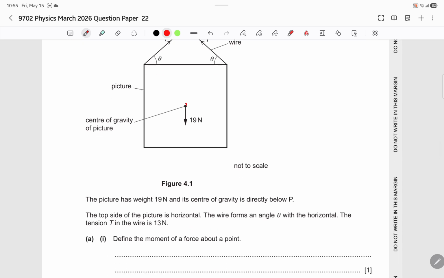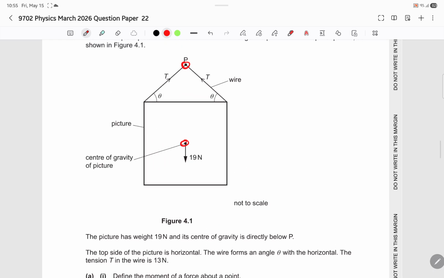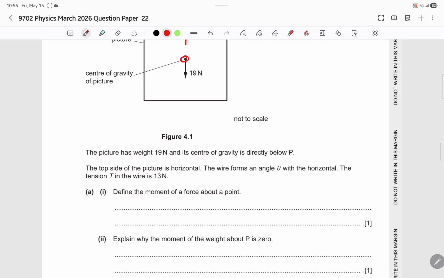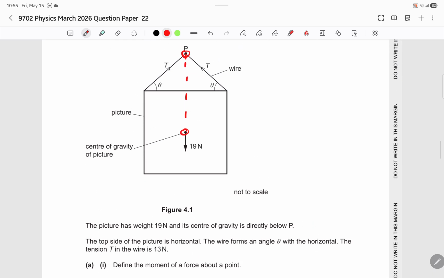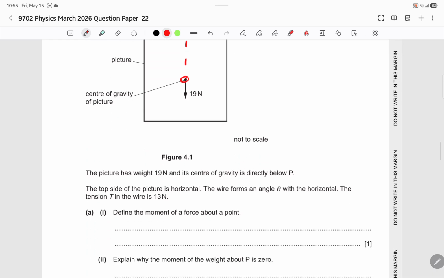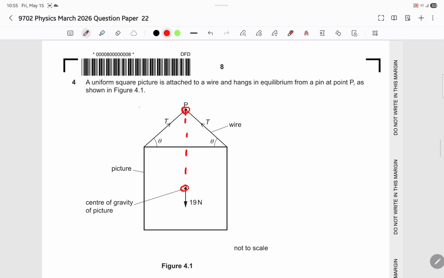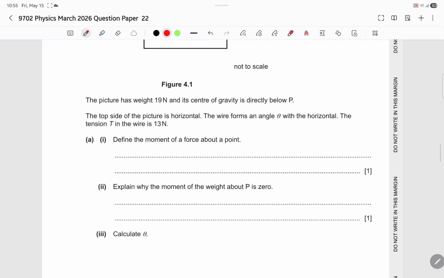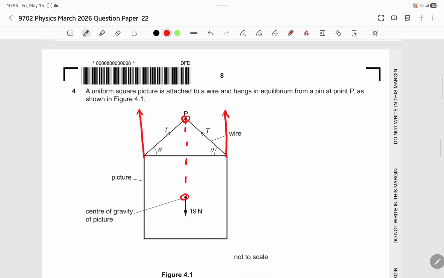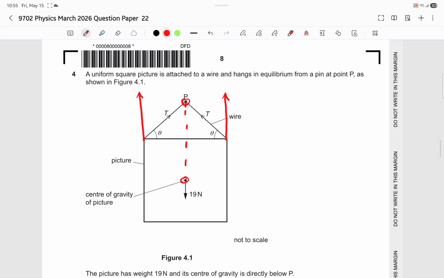This is at the center of gravity, and the center of gravity is directly below P. The top of the picture is horizontal and the wire forms an angle theta with the horizontal, and the tension in the wire is 13 newtons.